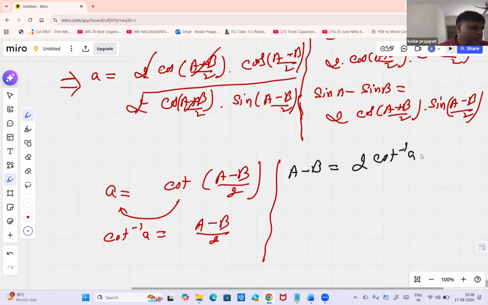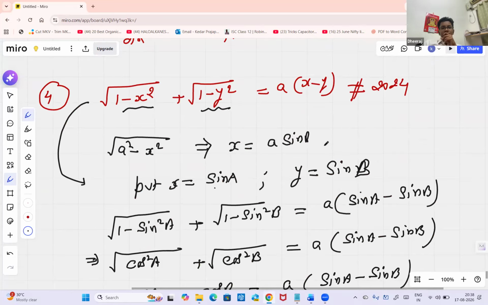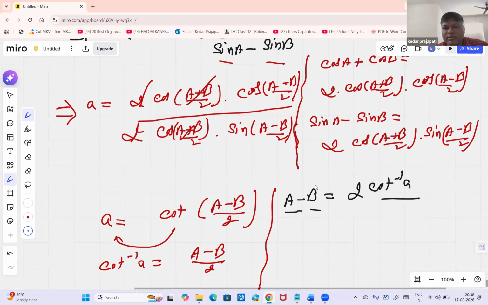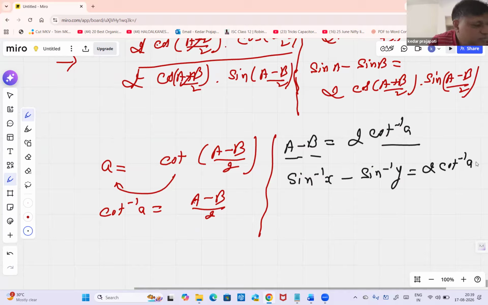Now see, I cannot take A, B and differentiate. We have to have what is A and what is B. From here, A will be sine inverse x, and B will become sine inverse y. And this you can write 2 into cot inverse a. Getting right, or you are not able to follow?